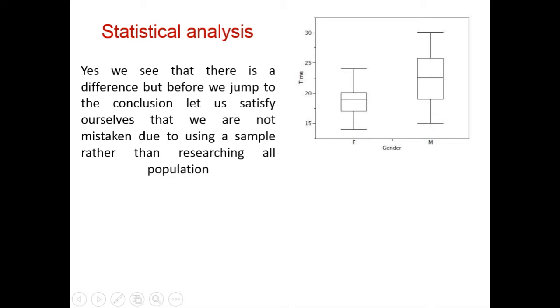What sort of confidence, what sort of power does this small-scale study have for generalization purposes? We can see here that yes, there is a difference, but is this difference statistically so significant that we can generalize whatever we have found here?